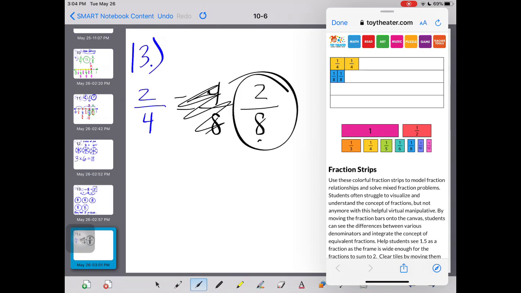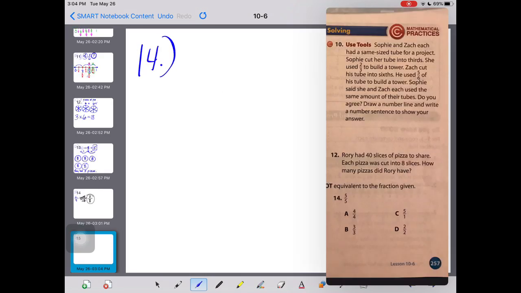All right, let's go on to number 14. For number 14, we're looking at 5/5. Now think about this, guys. Look at that. What's the denominator? 5. So how many pieces are in the whole? 5. What's the numerator? 5.